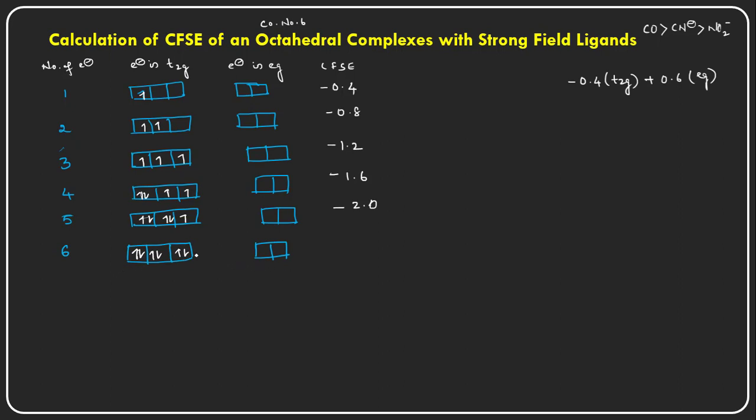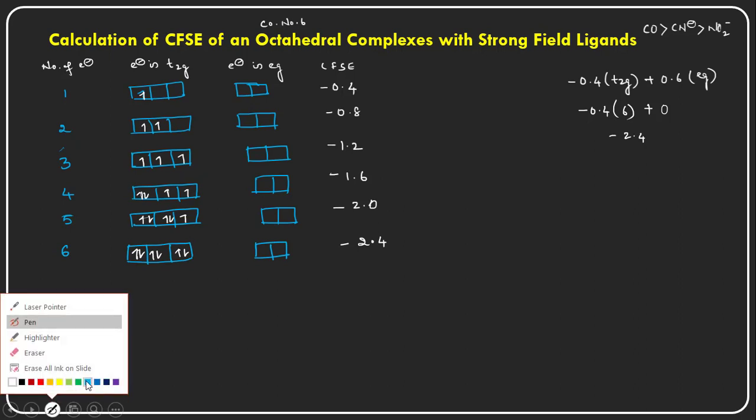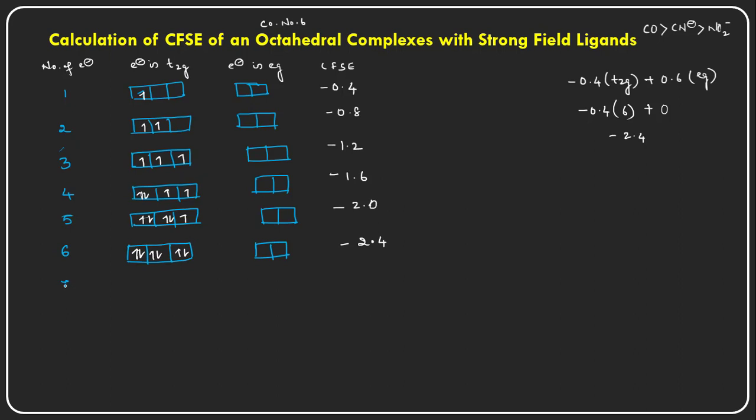So minus 0.4 into 6 electrons, plus 0, is minus 2.4. So the crystal field stabilization energy of this octahedral complex, which has a strong field ligand and 6 electrons, will be minus 2.4.